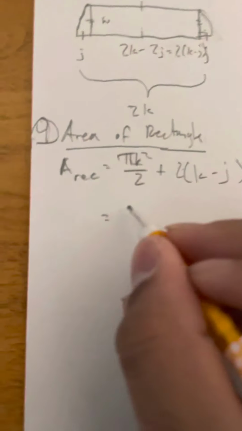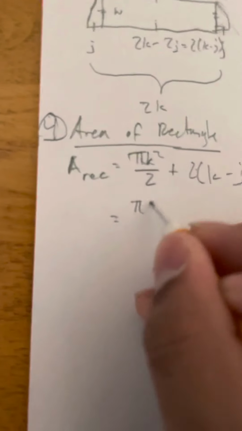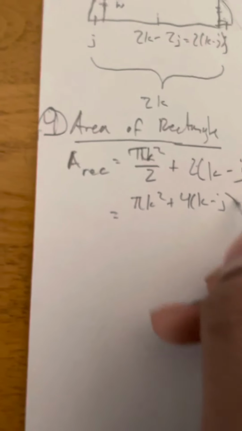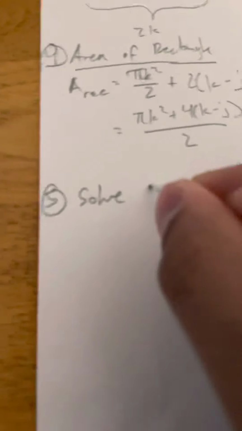Then just to have it in the same fraction, we can say pi k squared plus 4 times k minus j, over 2. And then we're going to solve for k again. We'll have 2 different values for k, which will allow us to solve for j as well.